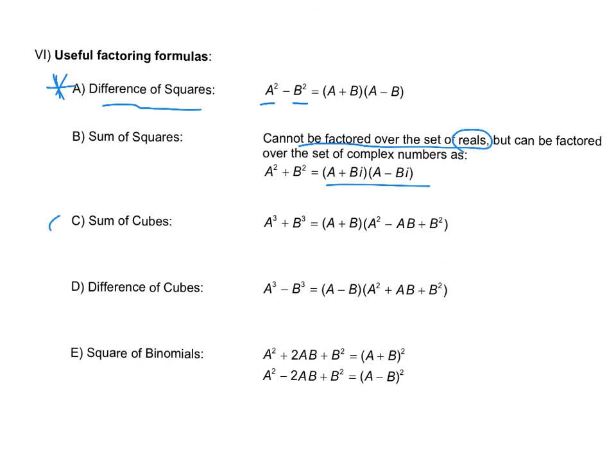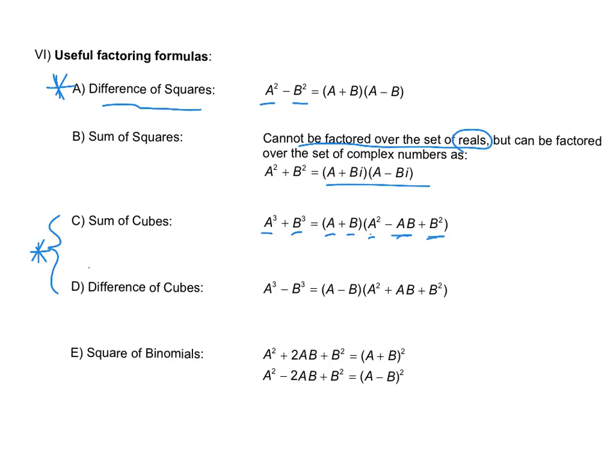Sum and difference of cubes, these are the same formula-ish. Sum of cubes, again, it's just figure out what you're cubing to get a cubed and b cubed. Those are the first two terms. The first and last terms of the trinomial are a squared and b squared, and the second one is their product.